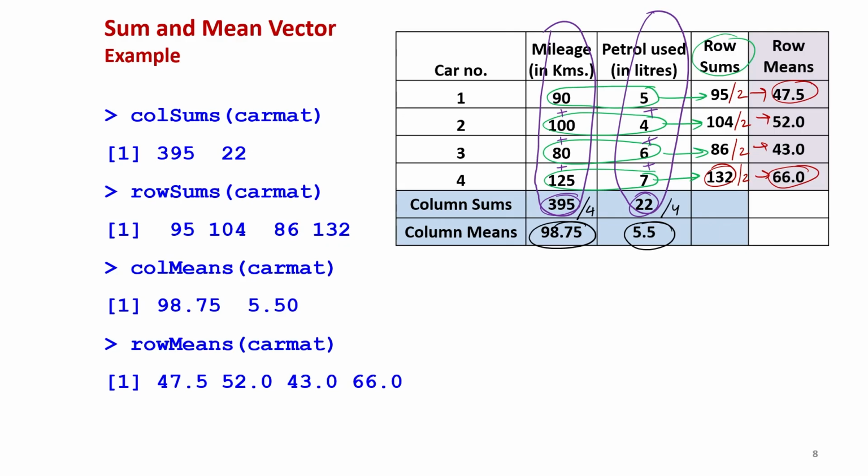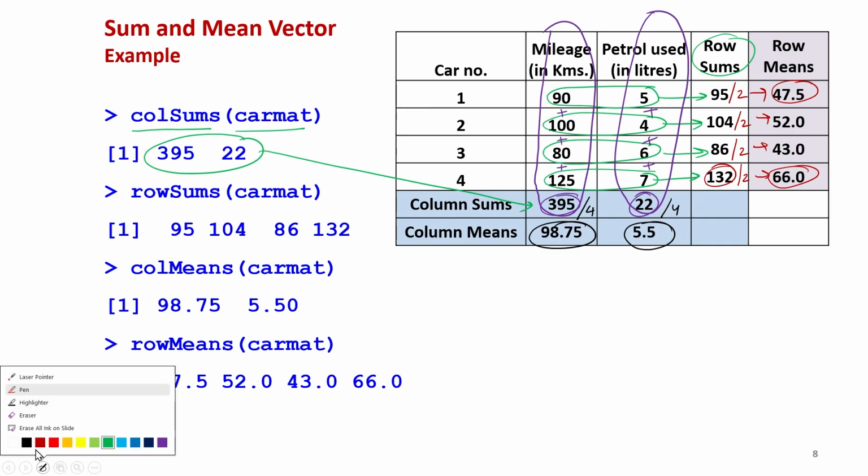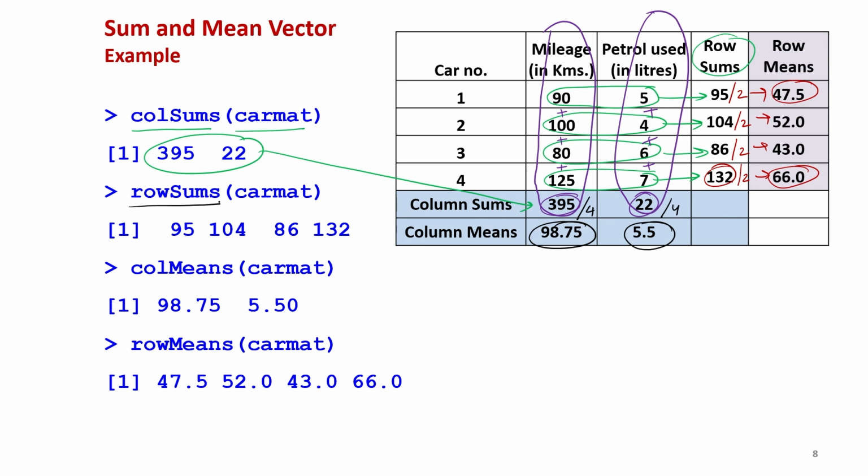Now the same thing you can obtain from the command colSums of carMat. You can see you are getting 395 and 22. So these are the same values which you have obtained here. Then you use the command rowSums of carMat.